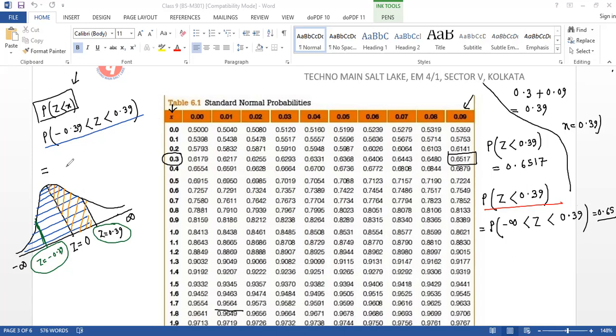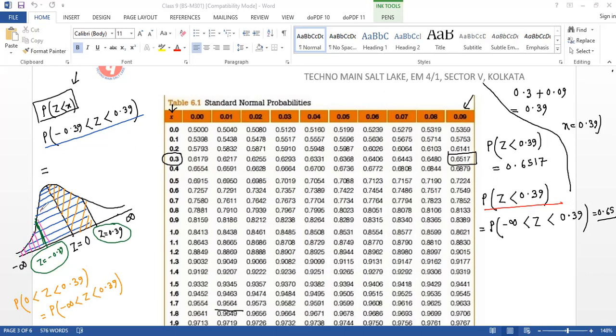Now if one tries to find the probability that z lies between 0 and 0.39, I can write it as a difference of two probabilities. I can subtract from this probability, minus infinity to 0.39, that means the entire blue portion, this portion that I'm going to mark with pink color.